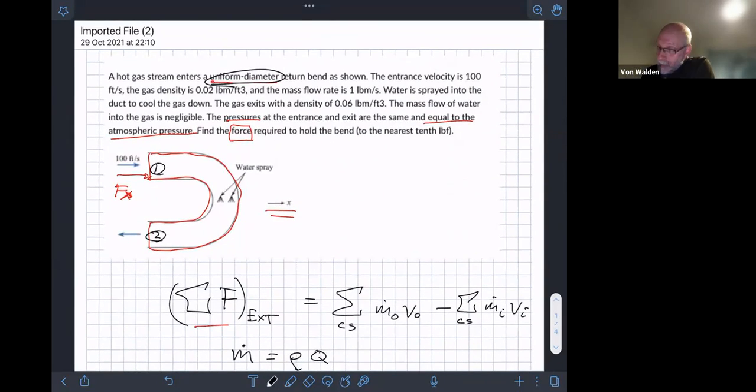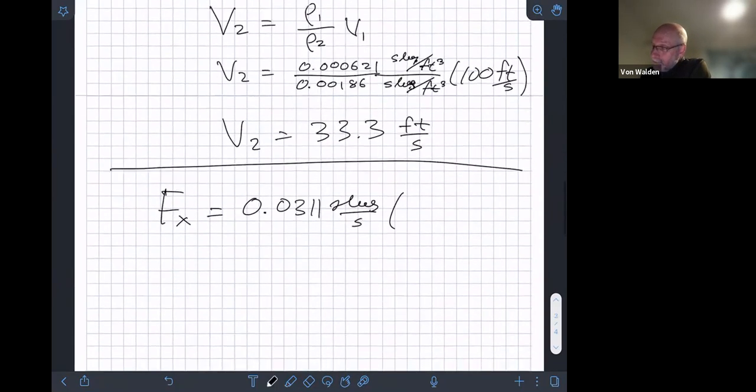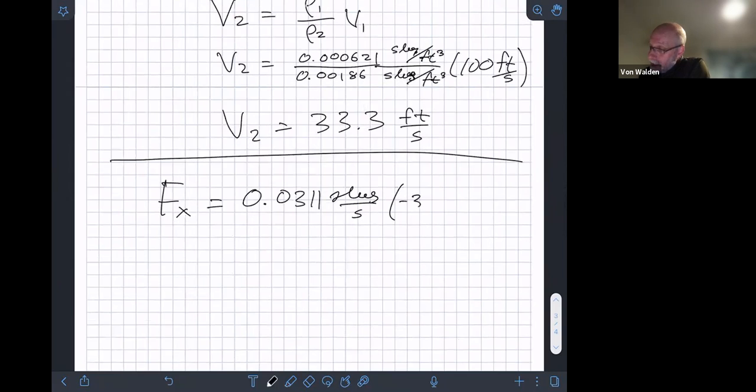V2 is in this direction. V1 is in this direction. So V2 is actually in the negative x direction. So you need to be very, very careful with your signs here, because what you have is 33.3 feet per second here. And then you're subtracting the inflow, and you're going to get an even larger negative number.